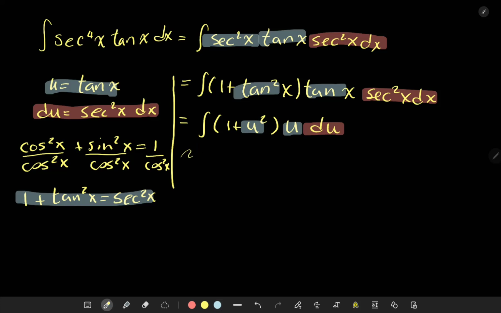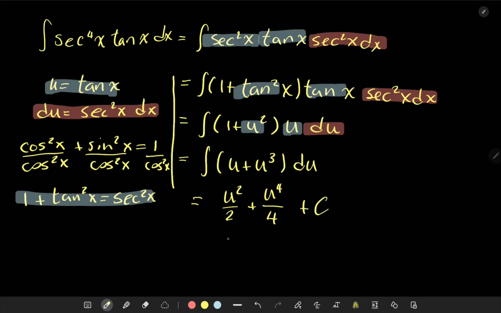Now I can just distribute, write it as u plus u cubed, and integrate: u squared over 2 by adding 1 to the exponent and dividing by that new exponent. U cubed becomes u to the fourth over 4, and don't forget your plus c. Taking back my substitution, which is tangent, I get tangent squared of x over 2 plus tangent to the fourth of x over 4 plus c.